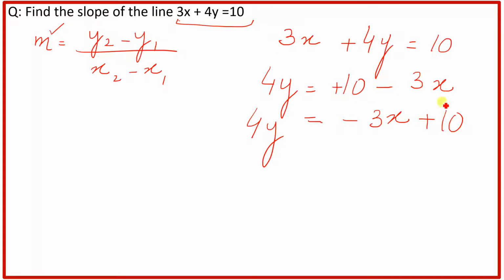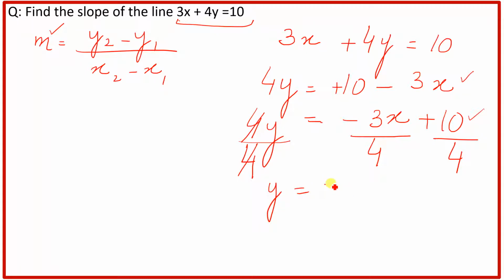These are both the same. But here we want only y. We do not want 4y or 3y or anything with y, so we divide both sides by 4. These two will cancel, so y is equal to negative 3 over 4 x plus 10 over 4.